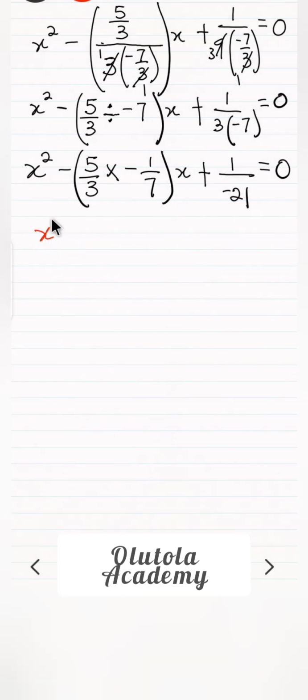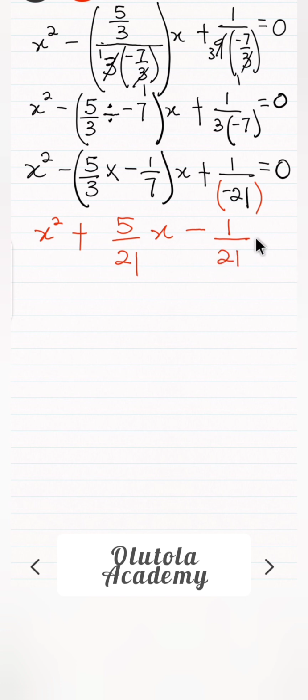I have x squared plus, because we have minus times minus, which is plus, 5 over 21x, because there is nothing to cancel. 5 times 1 is 5, 3 times 7 is 21. This should be minus, because I have plus here and I have minus here, so plus times minus will give us minus 1 over 21 equals 0.